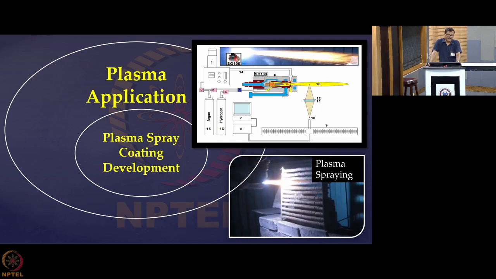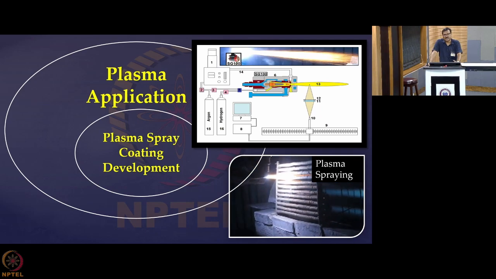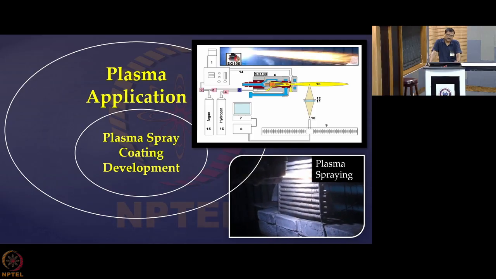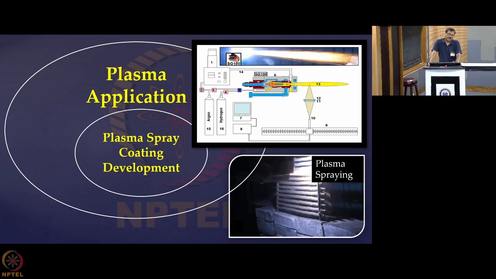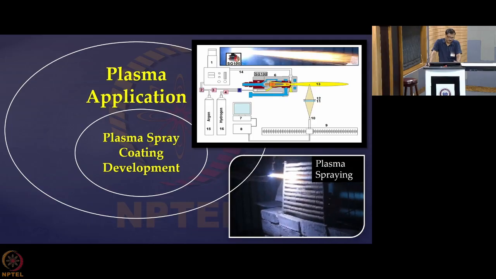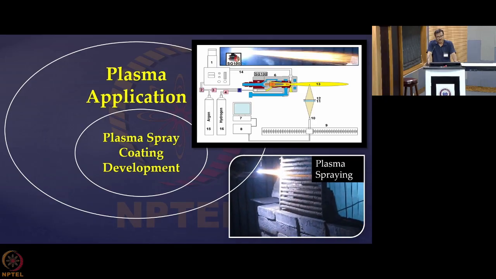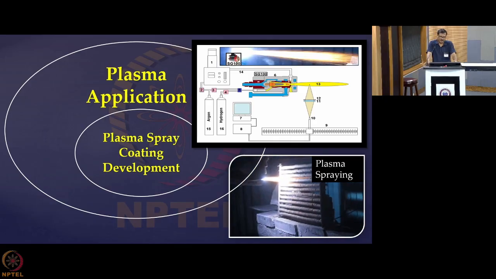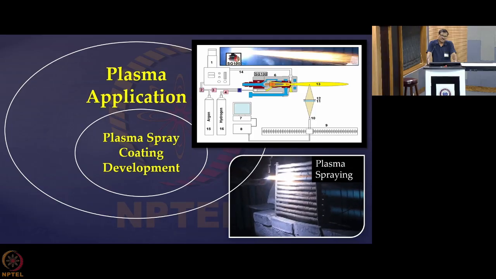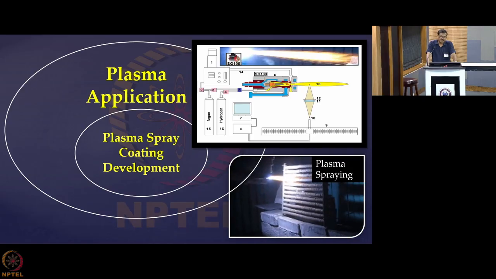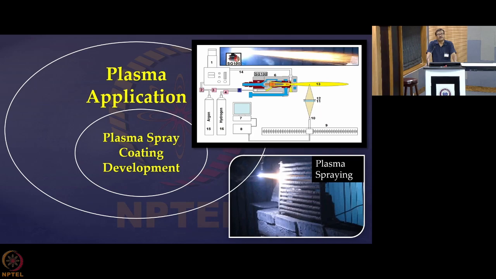So what is the advantage? Because of the high melting point of these ceramic materials, they cannot be brought to a molten state easily for coating purposes. So plasma, because it has very high temperature, can melt those materials and make a coating easily over the surface which is of interest.